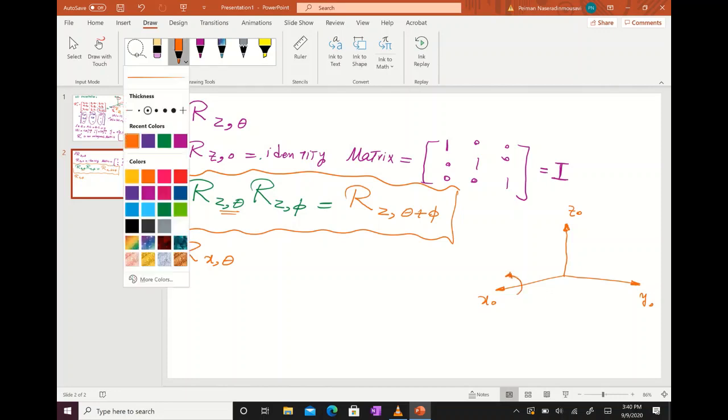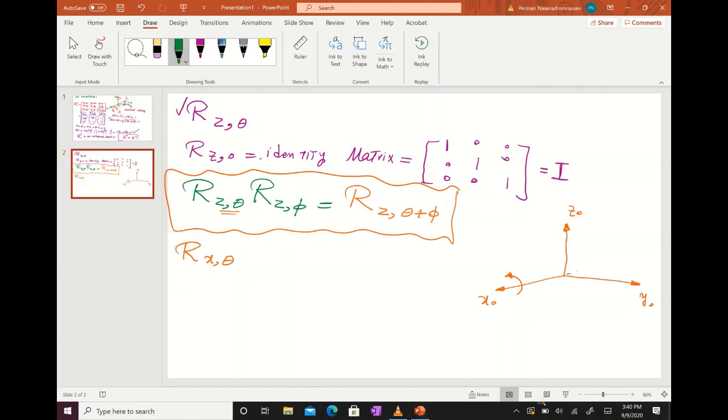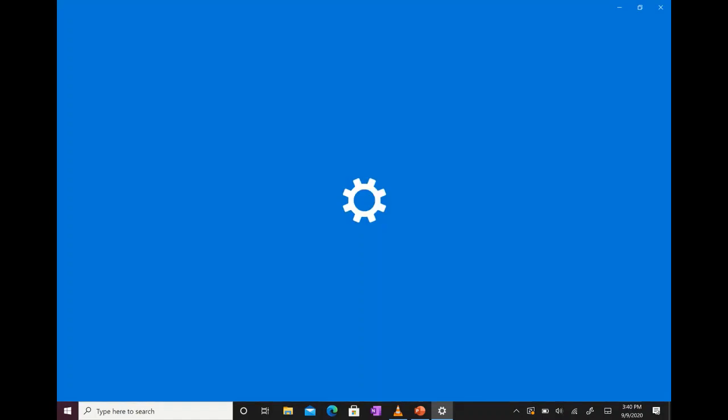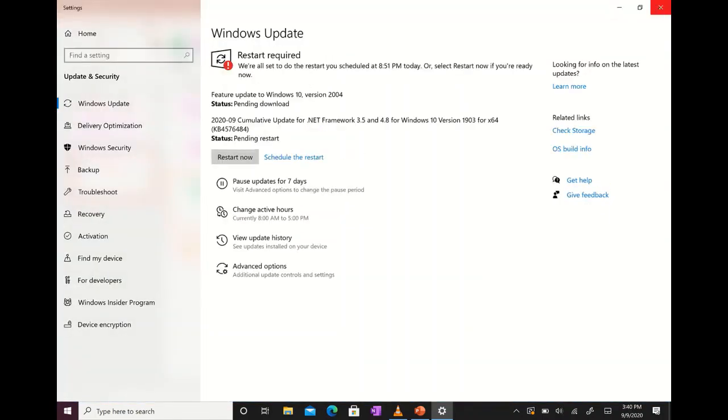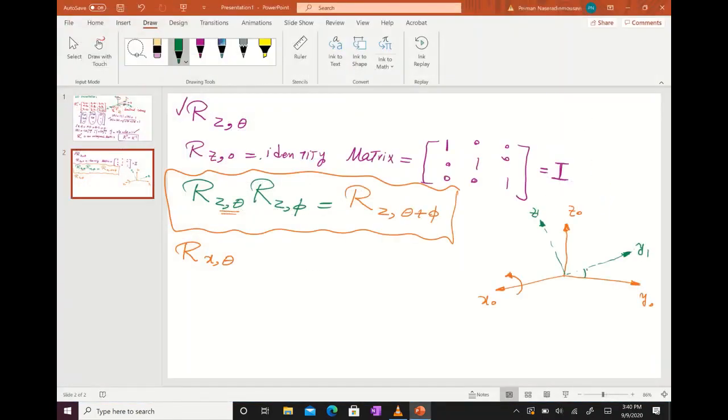So your new coordinate system is going to be what? This x and z, they are rotating this time. This is going to be y1, and this is going to be z1. Here is theta, so here is going to be also theta.